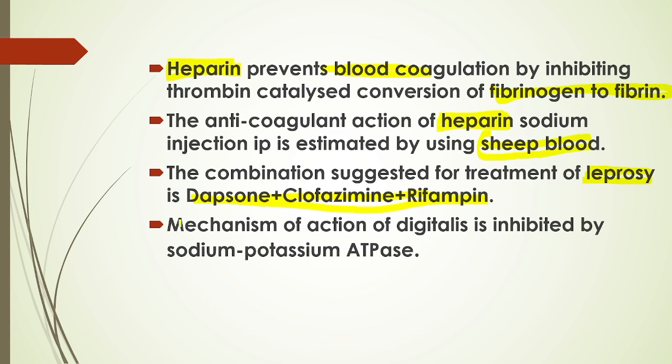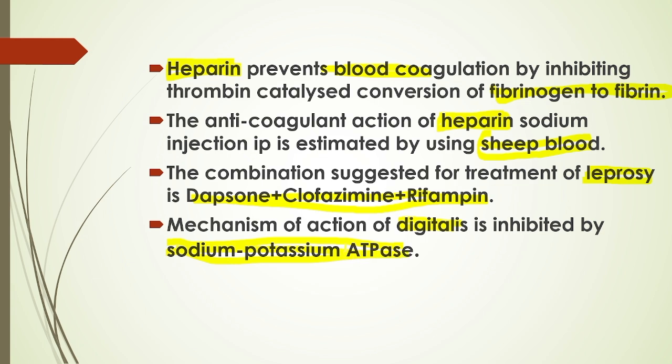And the next one is the mechanism of action of digitalis, which is inhibition of sodium potassium ATPase. So what is the action of digitalis? Digitalis acts as a cardiotonic agent. So what is the mechanism involved in this? Digitalis mostly inhibits the sodium potassium ATPase.